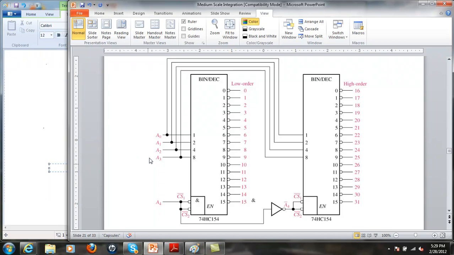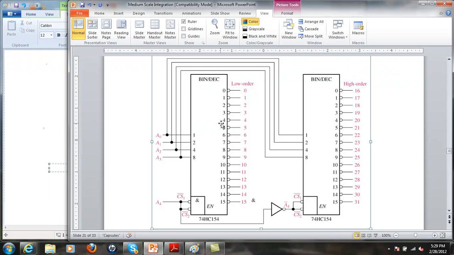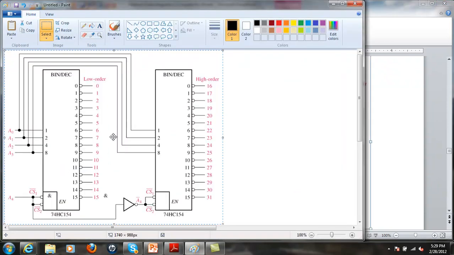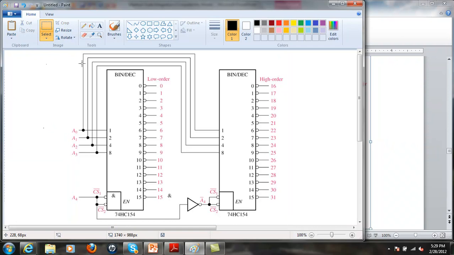So what's happening here is, as I count up, these are my lower order bits. So for example, if I had 0, 0, 1, 0, and then my other input here, so I'm going in with the number 4, base 10, then this chip is activated.